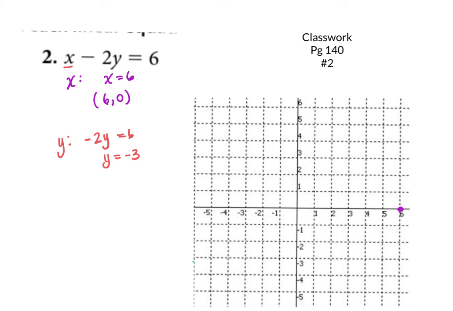So y equals negative 3. So 0, negative 3 is going to be your y-intercept. And then you're just going to connect those two. So check your graph and check your intercepts.